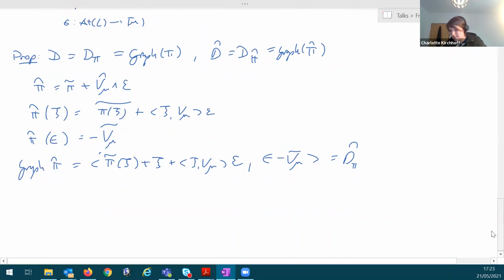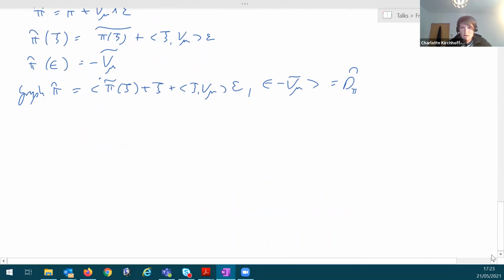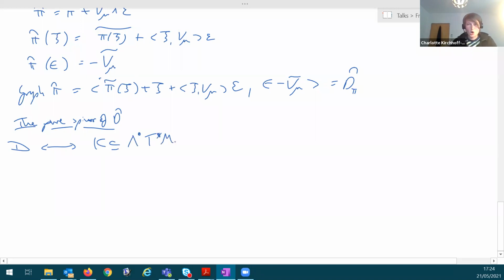Okay, as pretty much the last thing, I want to show the spinor for this, the pure spinor. So recall that every Dirac structure is equivalently defined by its pure spinor line. So D is equivalent to a line bundle sitting inside the bundle of all forms.